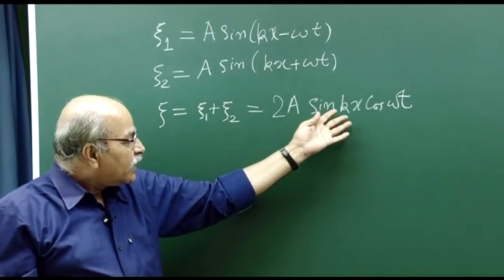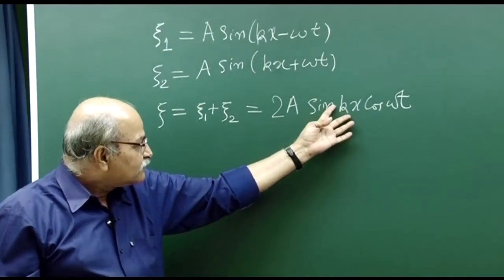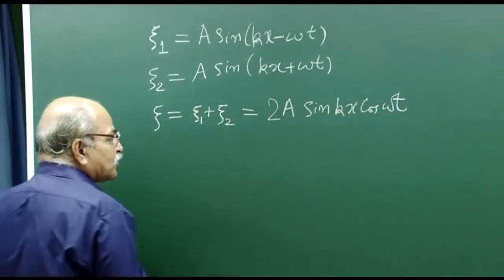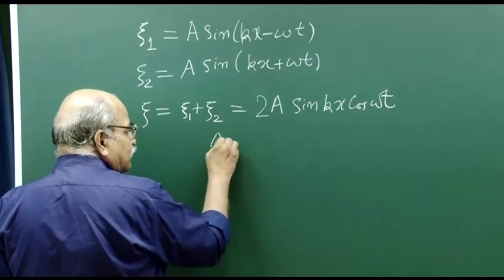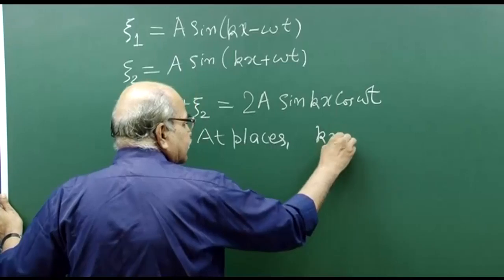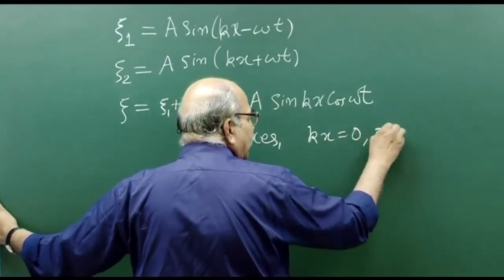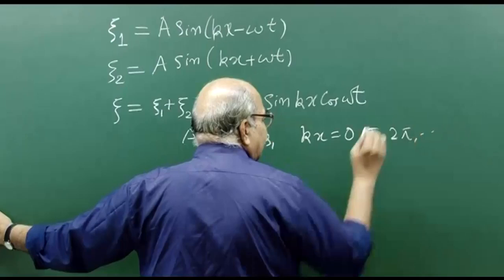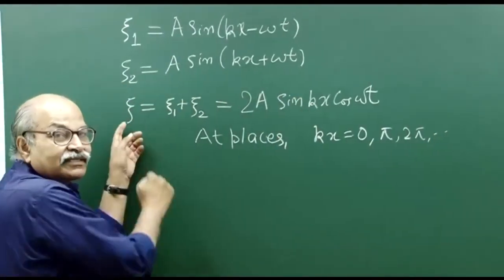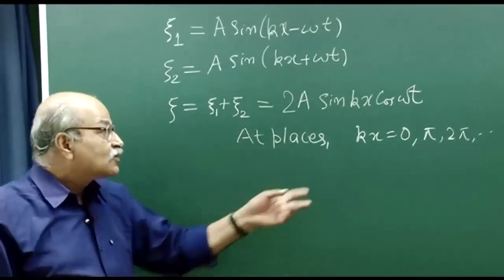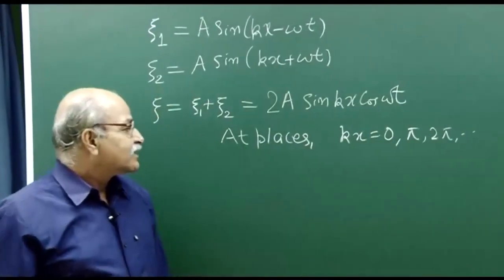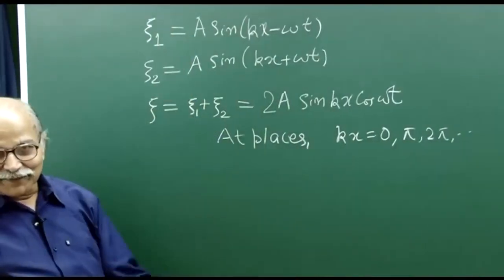But at places where kx is 0 or an integral multiple of pi, so kx equal to 0, pi, 2 pi, at these places the net displacement is always 0 for any time t.